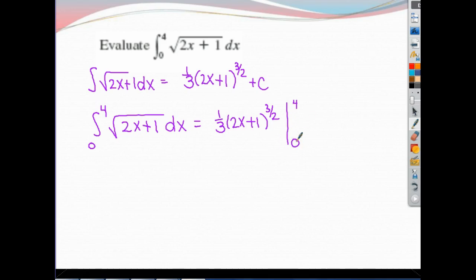Eliminate the plus c and put up our bounds, right? So what we did is we kept the bounds with respect to their original. So this is like saying x equals, and this is like saying x equals. So we went back to the x's because those are x equal values. So now you plug them in.